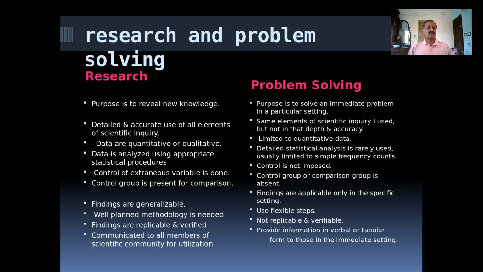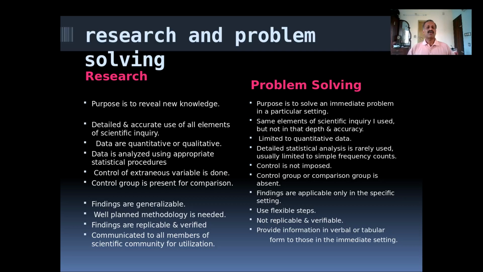Then research is communicated to all members of the scientific community for utilization. As I mentioned yesterday, we should communicate research to all the members of the scientific community, and after several testing we have to implement and utilize the findings.